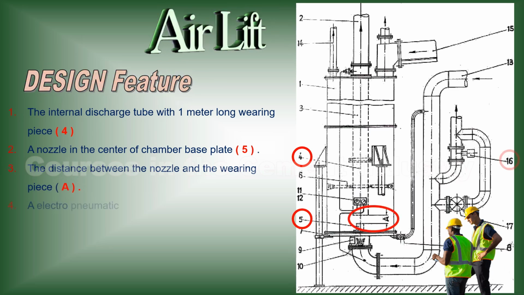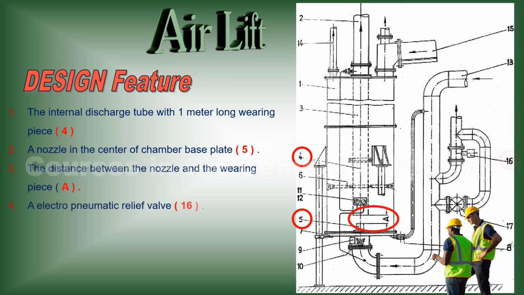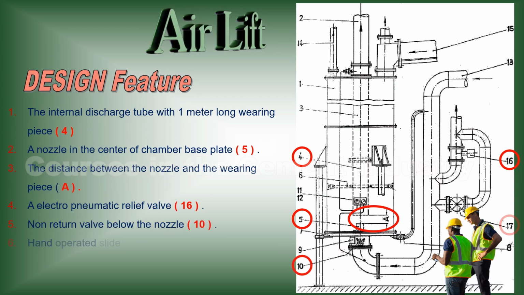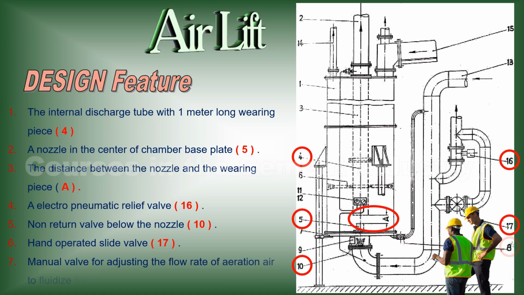An electro-pneumatic relief valve, number 16. 5. Non-return valve below the nozzle, number 10. 6. Hand-operated slide valve, number 17. 7. Manual valve for adjusting the flow rate of aeration air, to fluidize the materials, number 8.